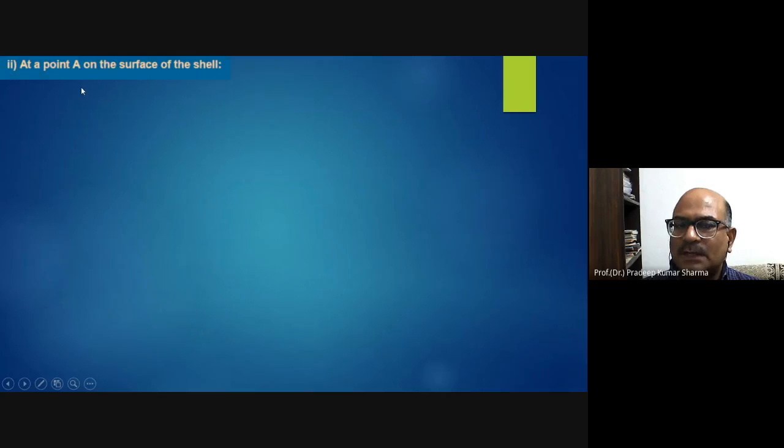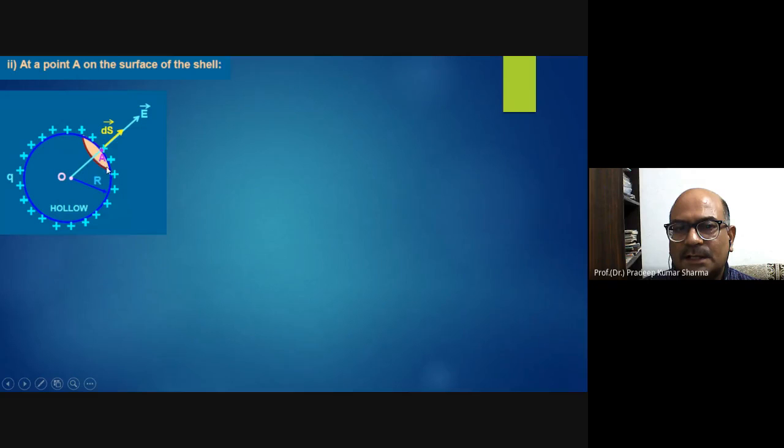But at a point capital A on the surface of the shell, like here, now I have moved the Gaussian surface onto the surface of the sphere. So this is the second case. This is point A. Again the directions are the same, but now small r and capital R values are the same.